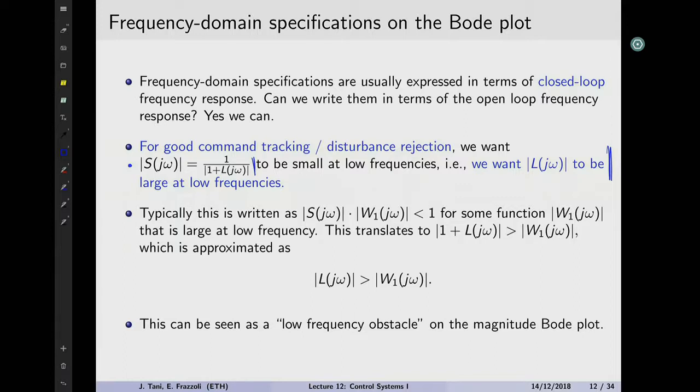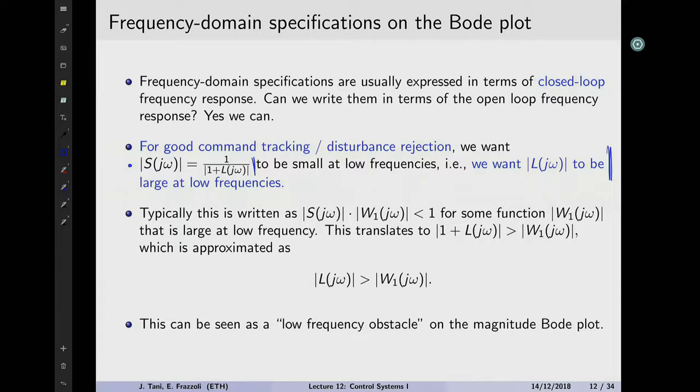The way this is typically written is not just by saying what it means to be small, because small is always with respect to something. Depending on the specifications that are given, for example, say that someone comes to you and says, I would like you to design a controller that has 0 steady state error for unit inputs, and a constant steady state error for ramps. Fantastic. But that constant steady state error needs to be 1%, 2%, n%, whatever it is, not more than that.